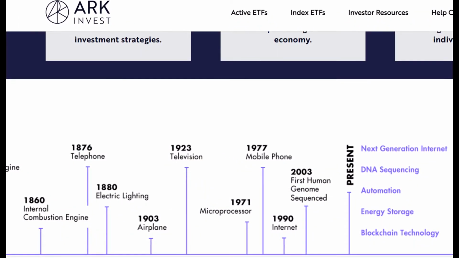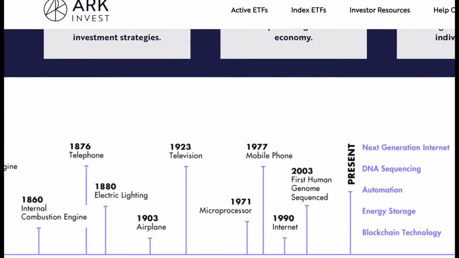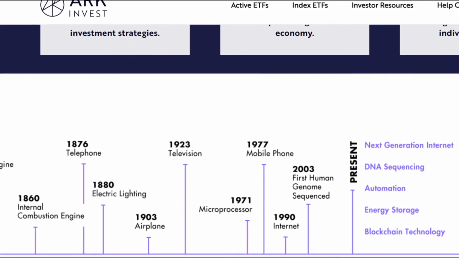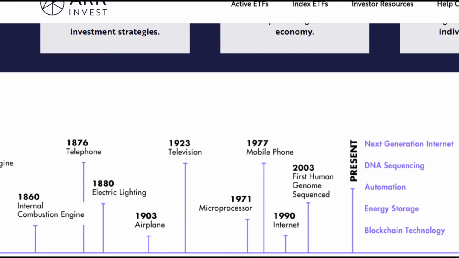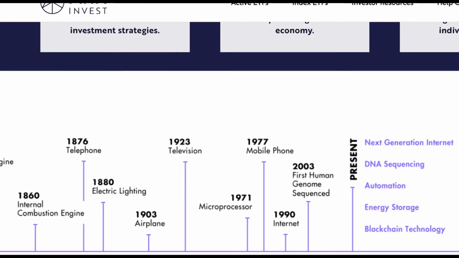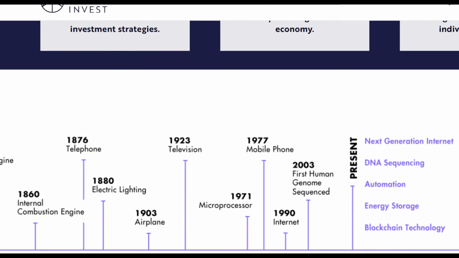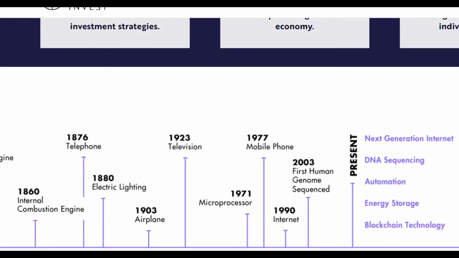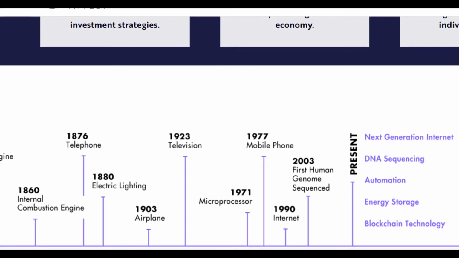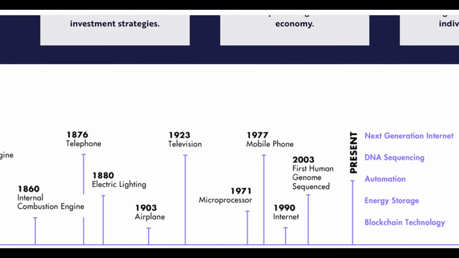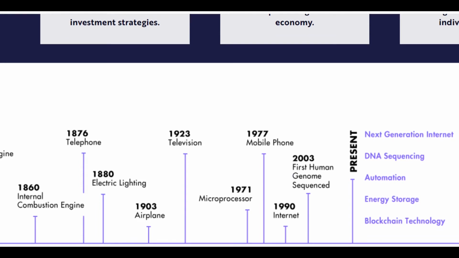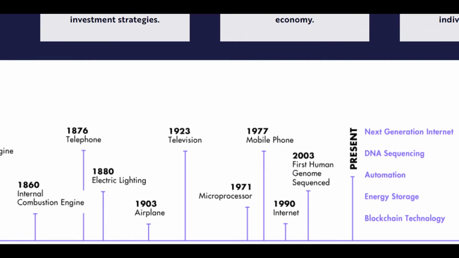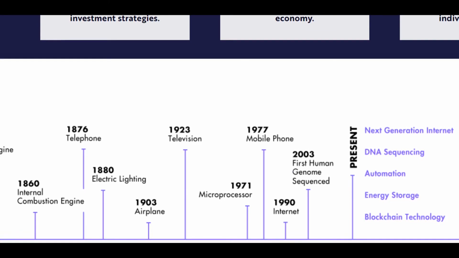They're basically focusing on companies that are playing a key role in next generation internet, DNA sequencing, automation, energy storage and blockchain technology. As you can see throughout history here, main innovations that have changed the world, you have the telephone, aeroplane, television, the internet, mobile phone, all of these things here, which in a sense had disrupted the world in traditional ways of life.